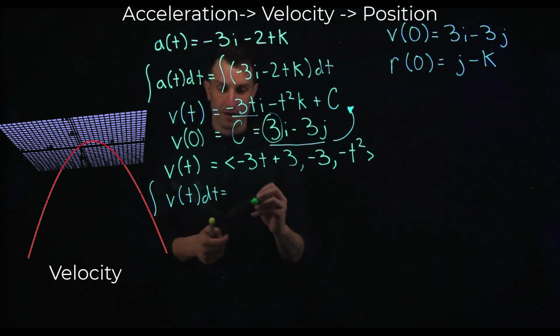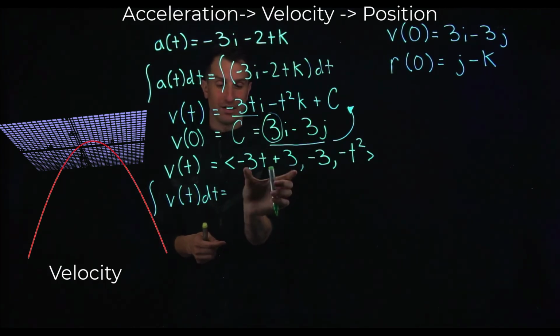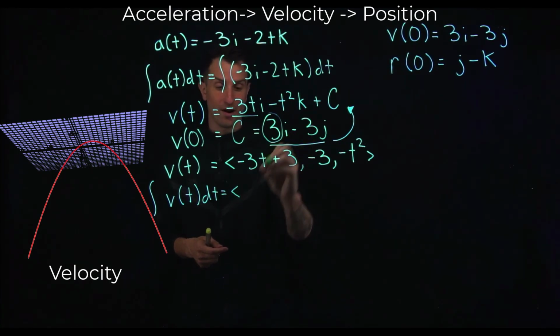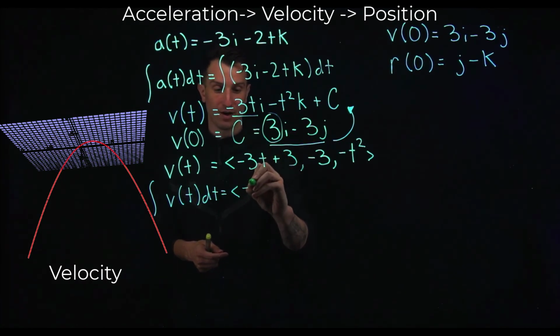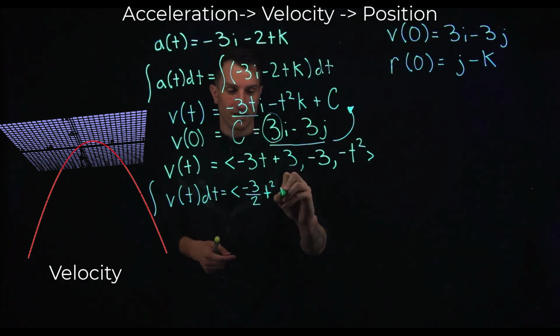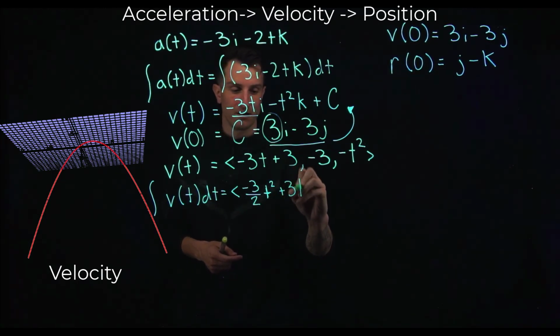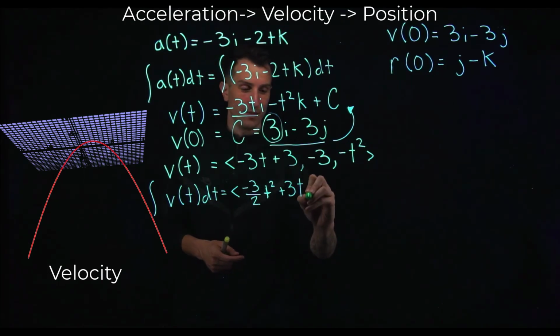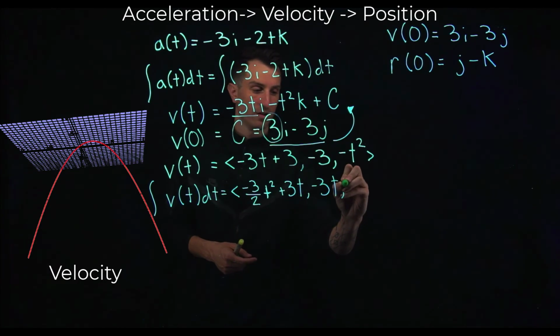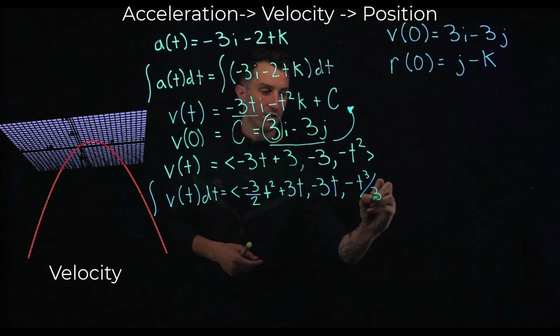So let's just go down the line here. This is now going to be negative 3t squared over 2, backwards reverse power rule. T squared plus 3t minus 3t, comma, minus t cubed over 3.